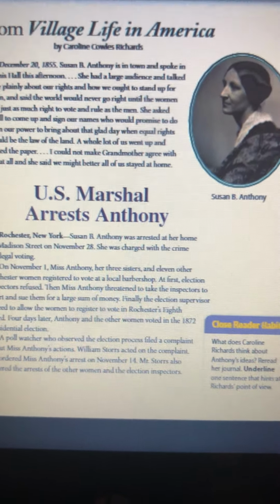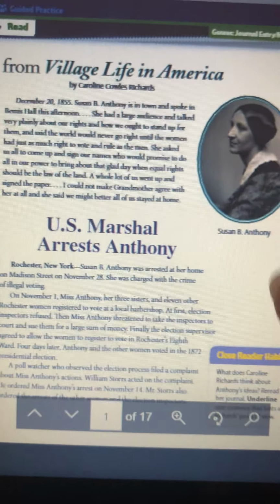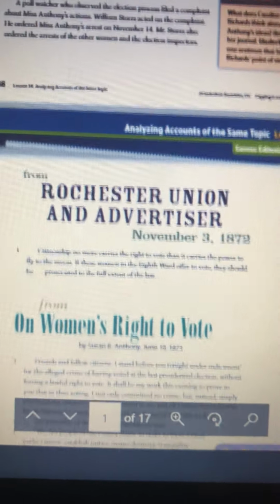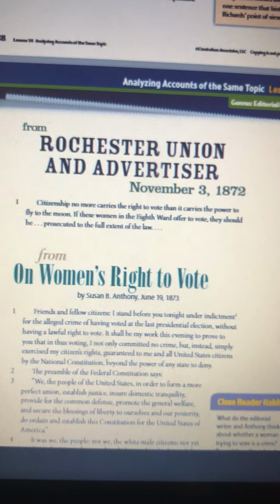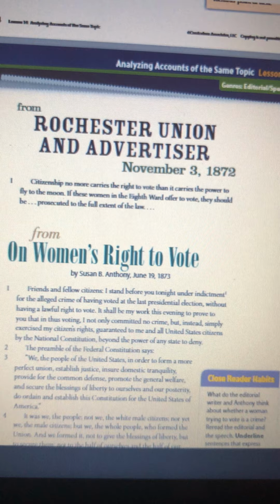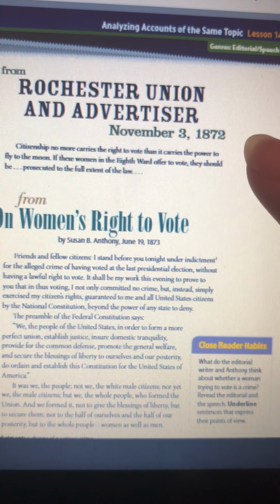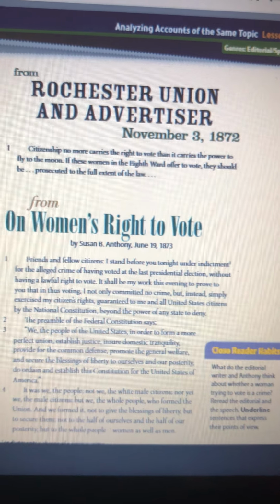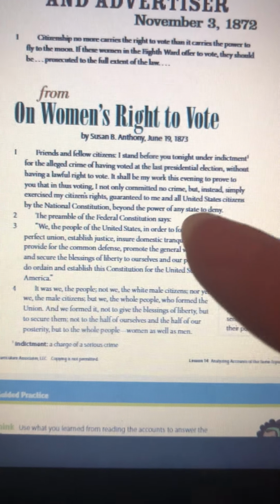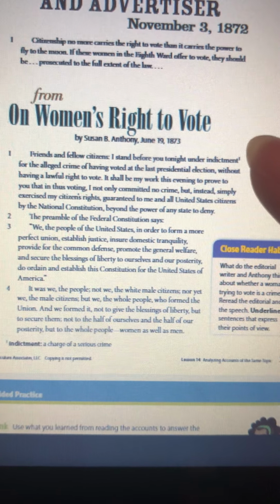Okay, so we know that this is going to be about Susan B. Anthony. Both of these articles, right? The next one from Rochester Union and Advertiser. Okay, that's another little editorial or a speech. The next one from On Women's Rights to Vote by Susan B. Anthony.